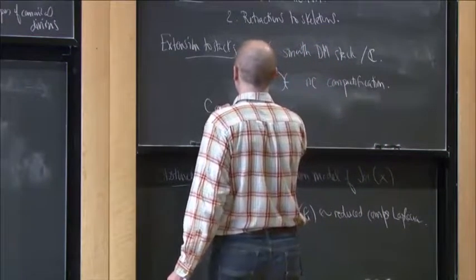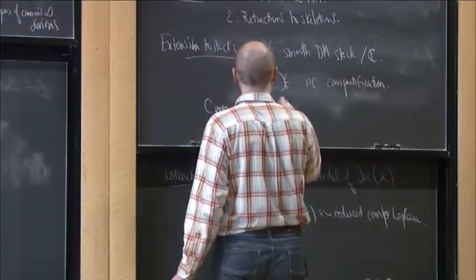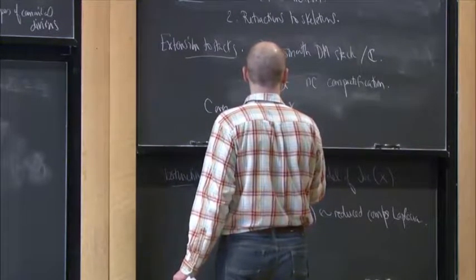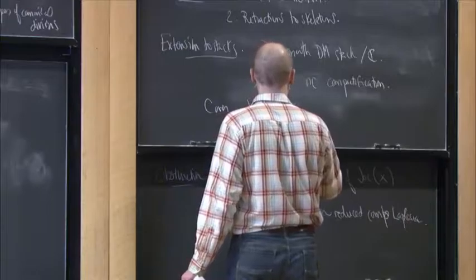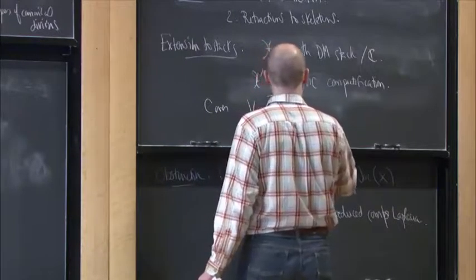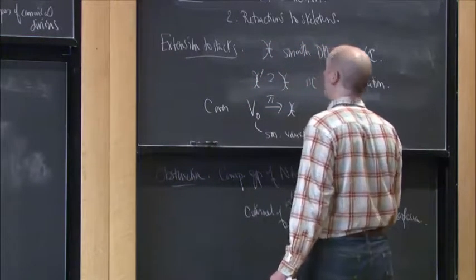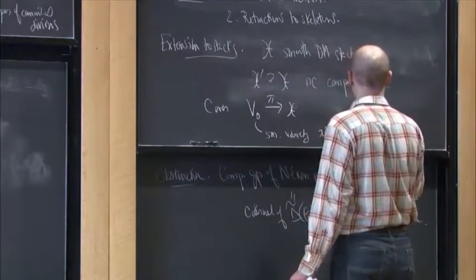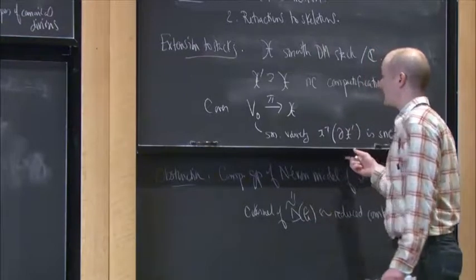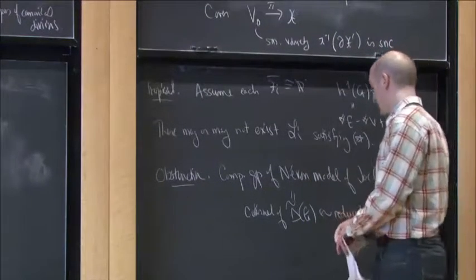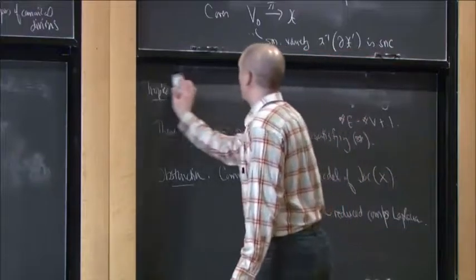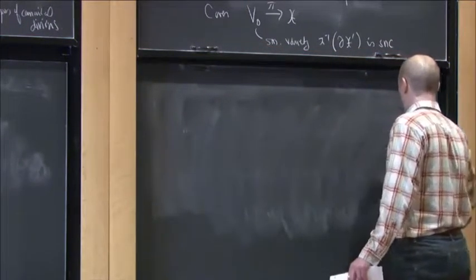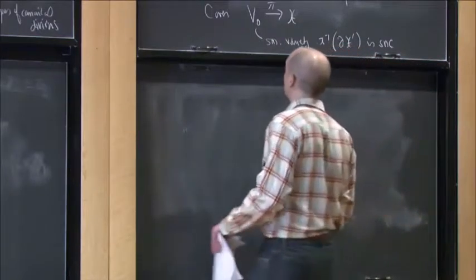And the way it will work is we choose a cover, so V0 to X, where this is a smooth variety, and the preimage of the boundary is simple normal crossing. And so then we know how to build the dual complex for V0, and we build the usual diagram.